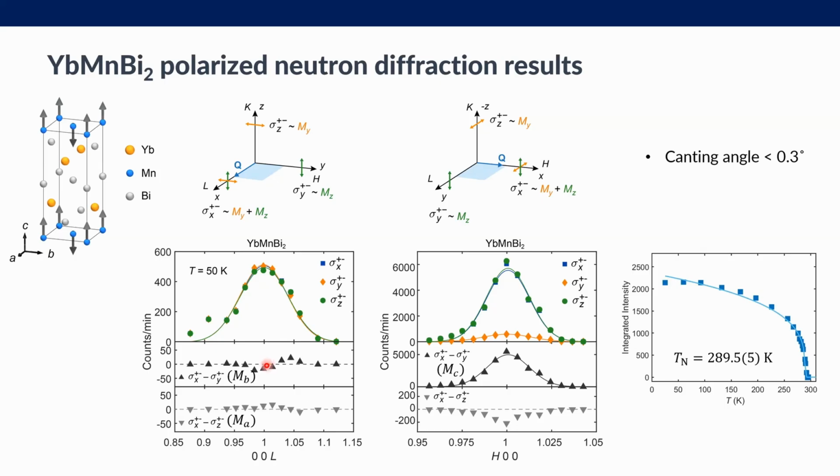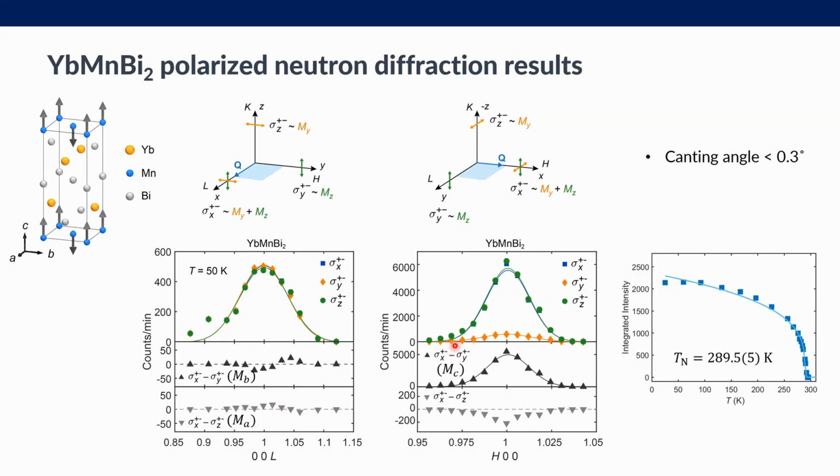Without going into the details, the intensity difference between sigma x and sigma y corresponds to the magnetic moments along the b-axis, and the intensity difference between sigma x and sigma z corresponds to the magnetic moments along the a-axis. Both cases show no observable intensity. So it means there are no AB plane moments, which is consistent with the unpolarized studies.